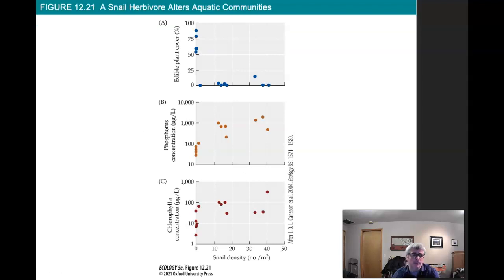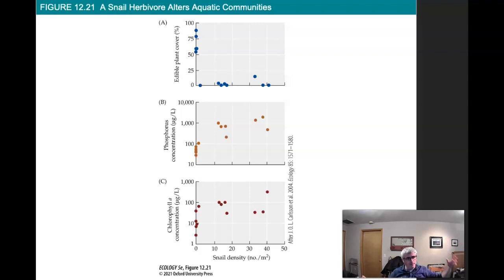The mechanism here is, imagine you have a clear pond with a bunch of water lilies, a bunch of floating aquatic plants. What those floating aquatic plants are doing is absorbing nutrients from the pond, nitrogen and phosphorus, and they're floating, so they're blocking light from penetrating into the pond. They're intercepting that light and using it for photosynthesis.